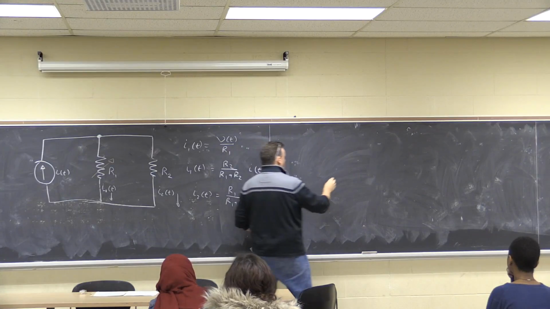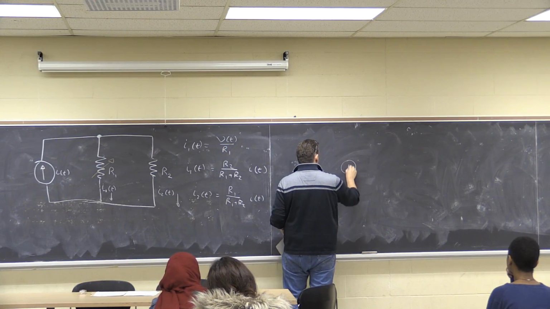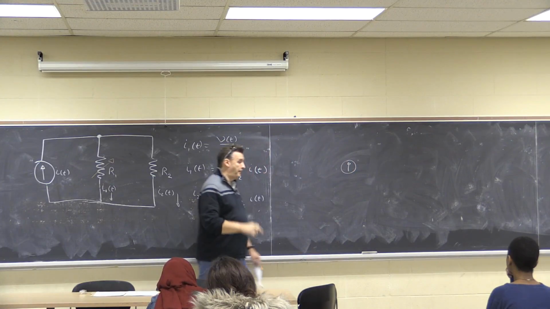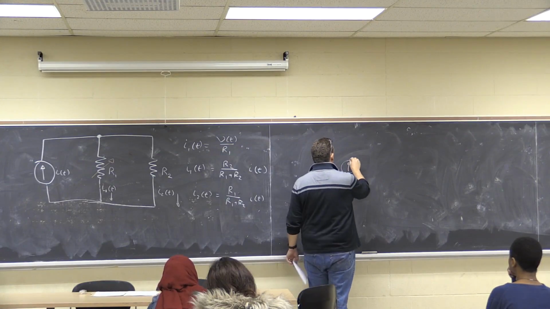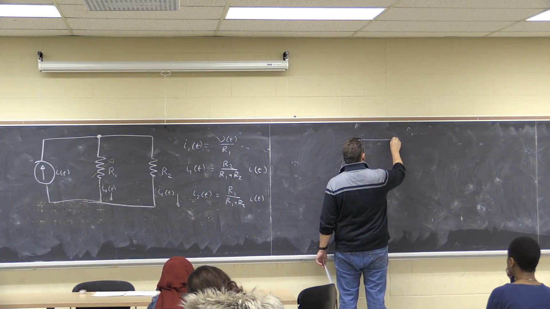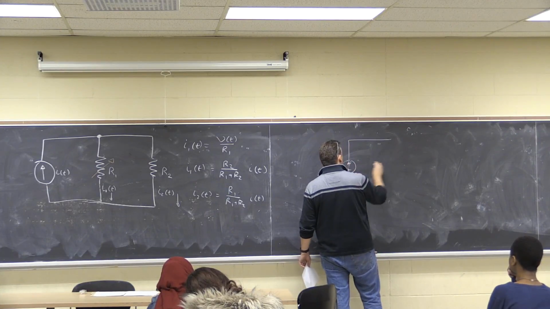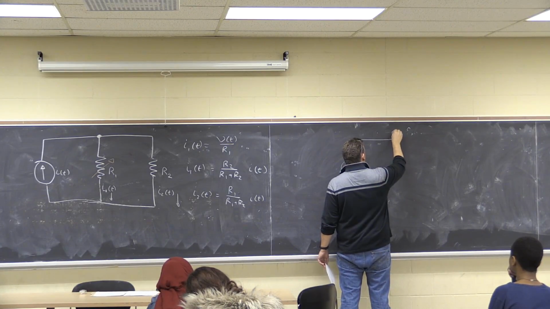So let's take a source that's delivering a constant current, and let's connect it to, well, let's consider a battery actually, so it's plus minus a certain voltage, and I'm going to have some lamp bulbs.